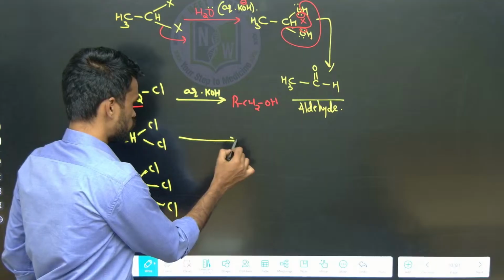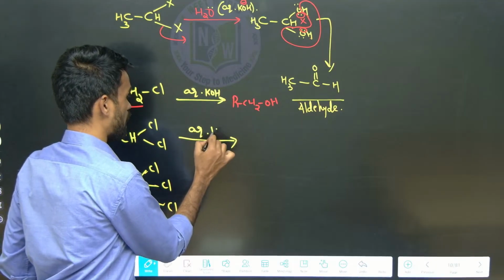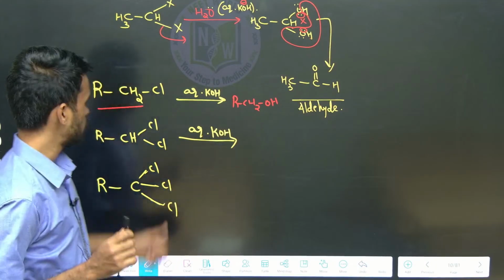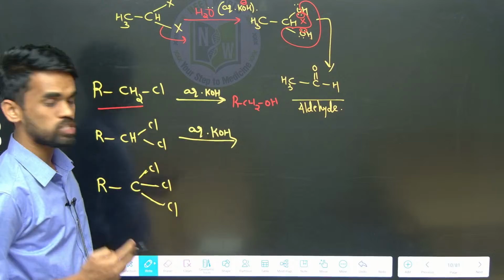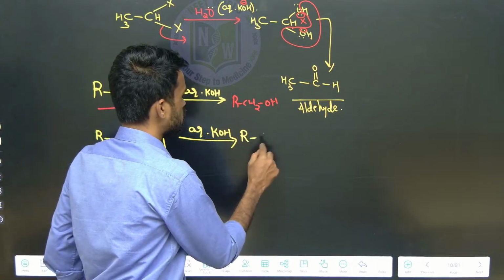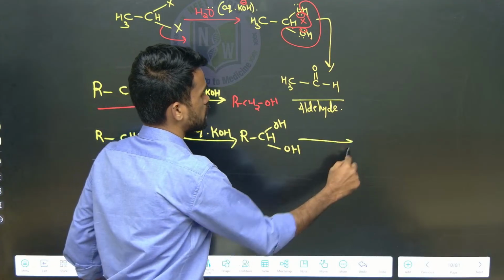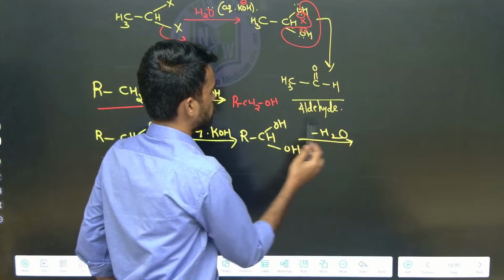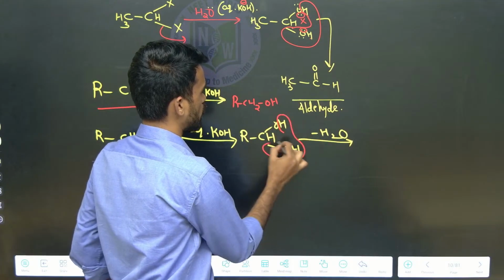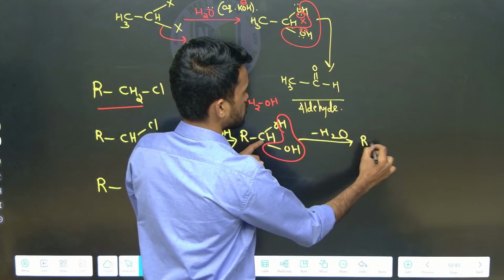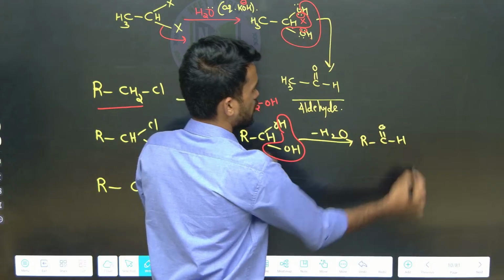But if I do a geminal halide hydrolysis, both chlorides will be replaced by OH, so you will get RCH(OH)(OH). This undergoes dehydration, hydrogen and OH, and gives you RCHO. An aldehyde is formed.